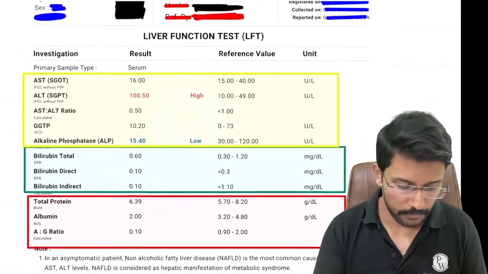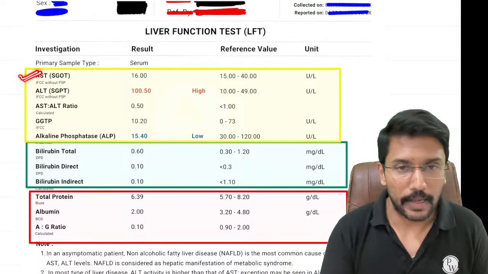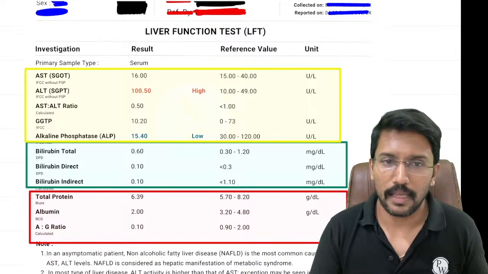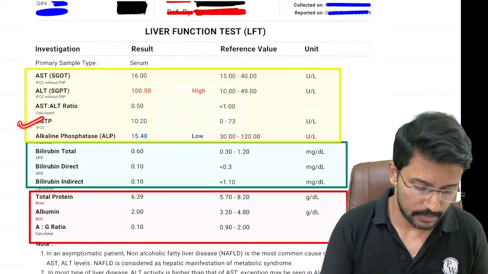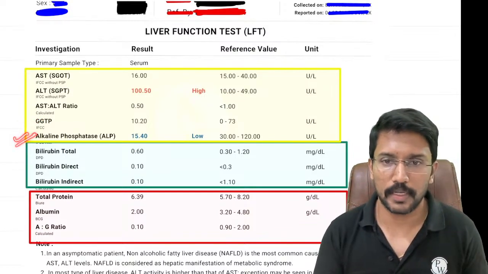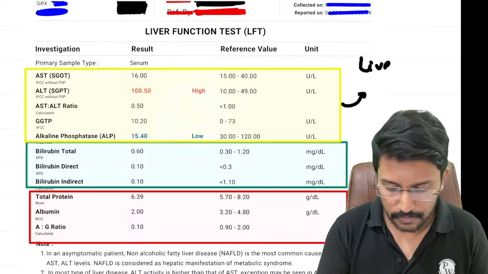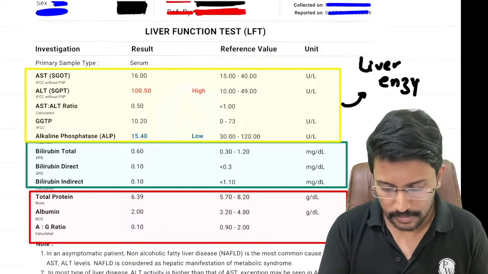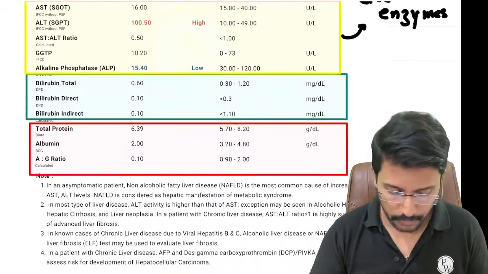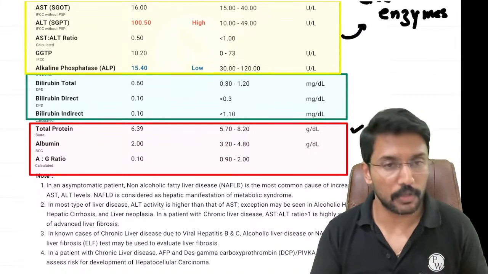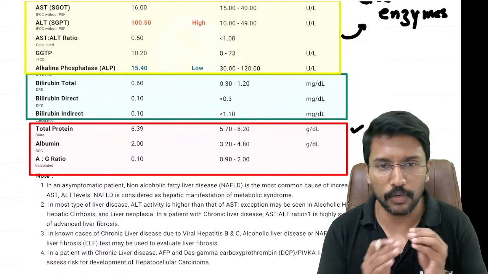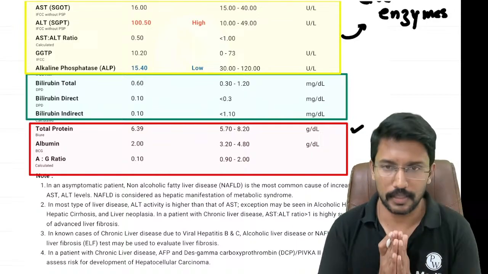Apart from that, you have the values for AST, ALT and GGT, alkaline phosphatase or ALP. What are these? These are all collectively called liver enzymes. And then apart from that, we might also have the total protein, albumin and globulin levels mentioned in the liver function test, right?